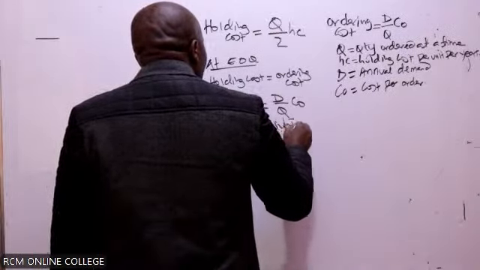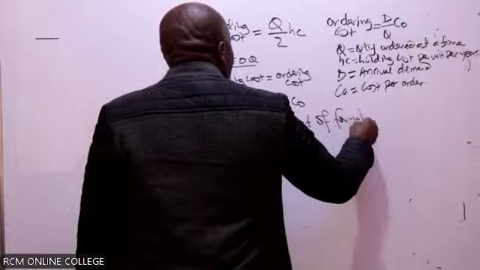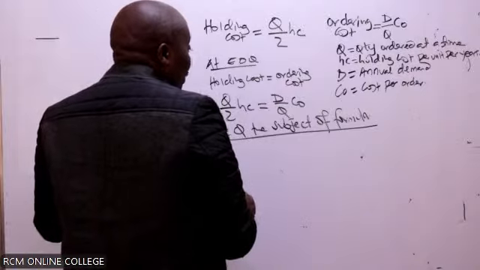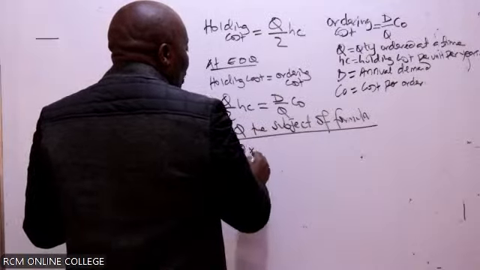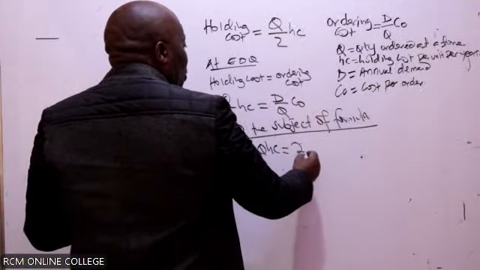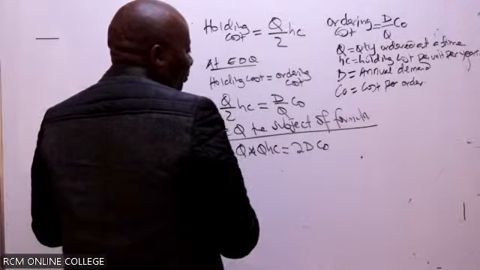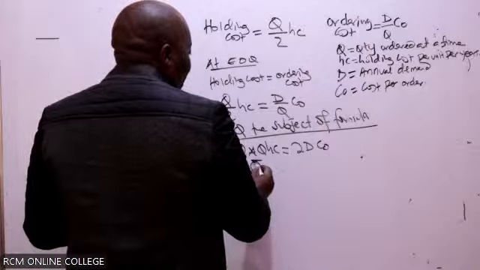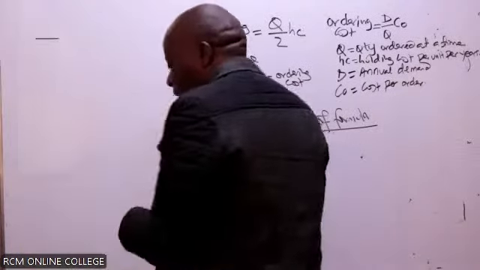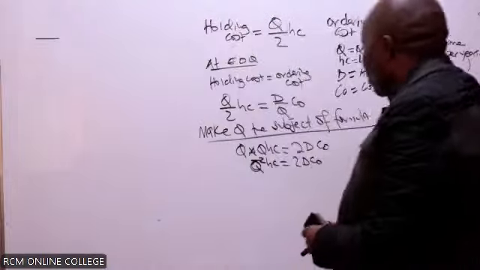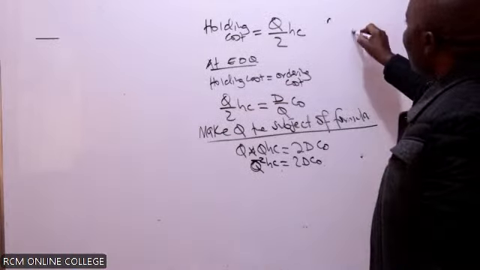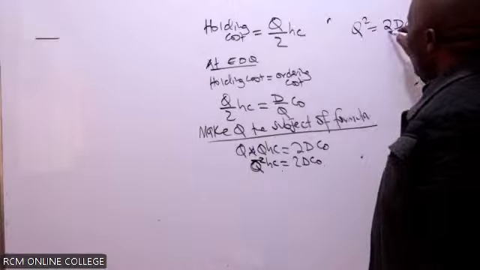If you try cross multiplying, it will be Q times Q HC, and then the 2 goes to the other side, cross multiplication, 2 D CO. So this will be Q squared HC equals 2 D CO, meaning that Q squared will be equal to 2 D CO over HC.